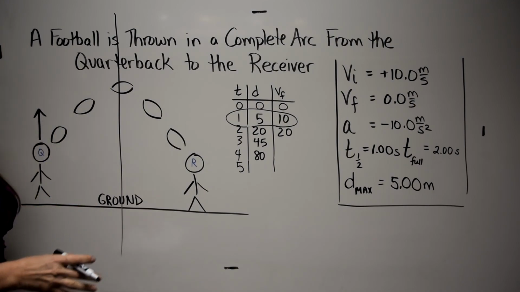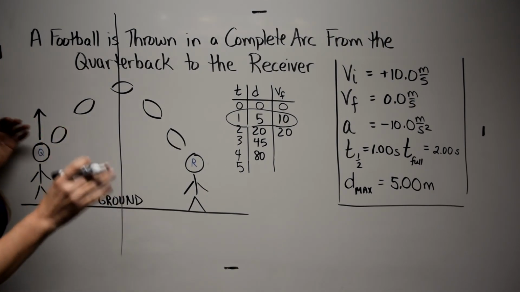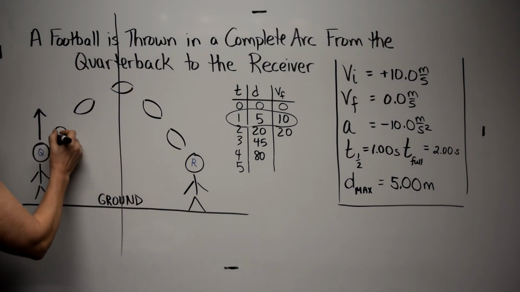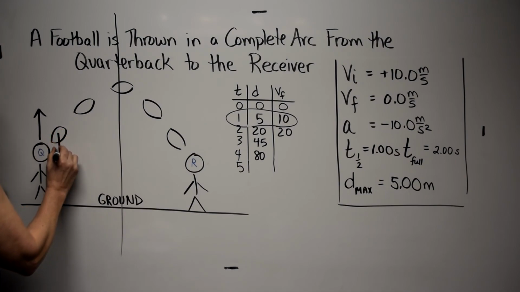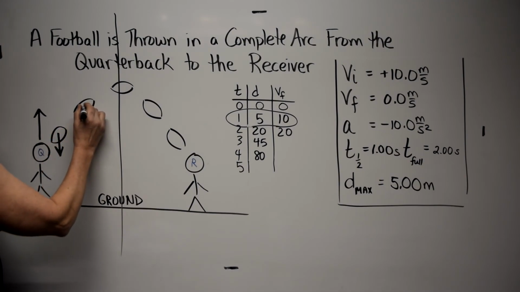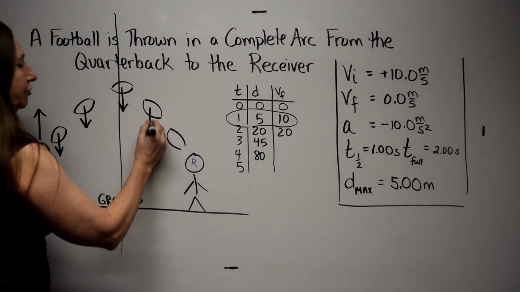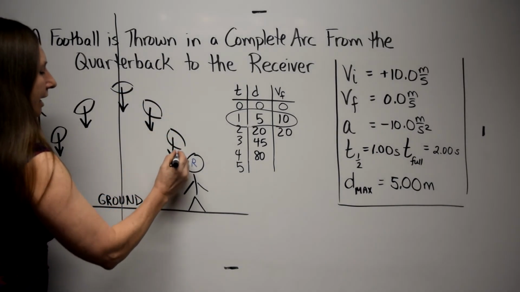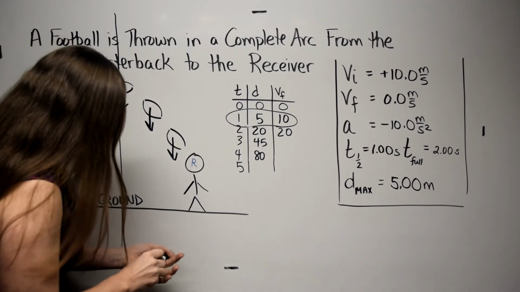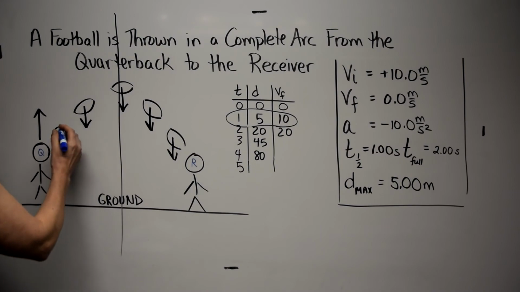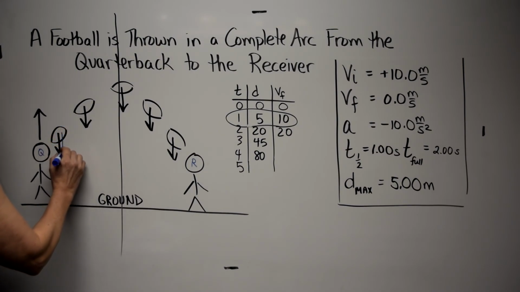Again, this is an example of free fall. The football has only one force on it, Fg, and remember, Fg is straight down. The acceleration of the ball downward is 10 meters per second squared.